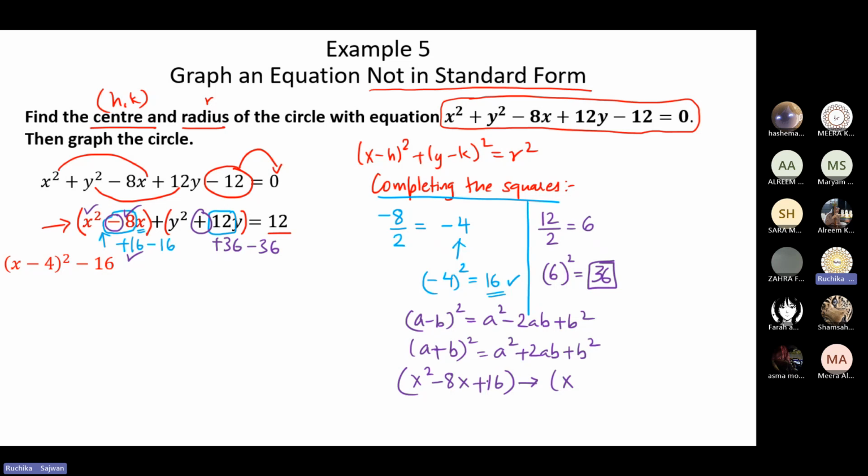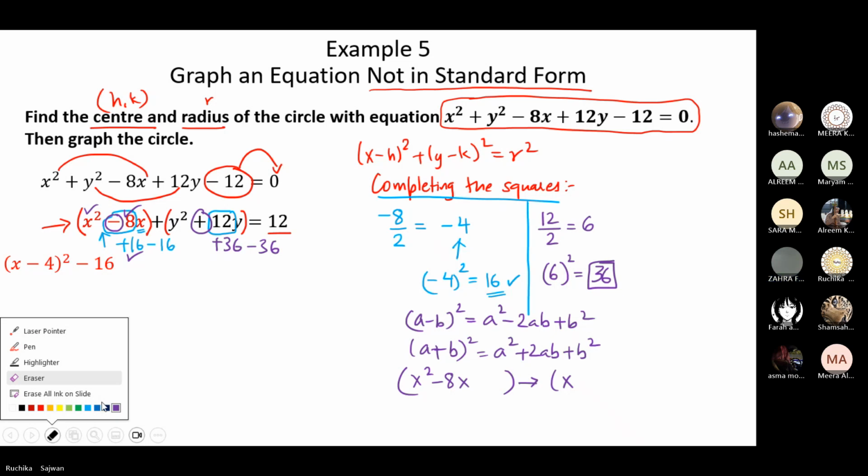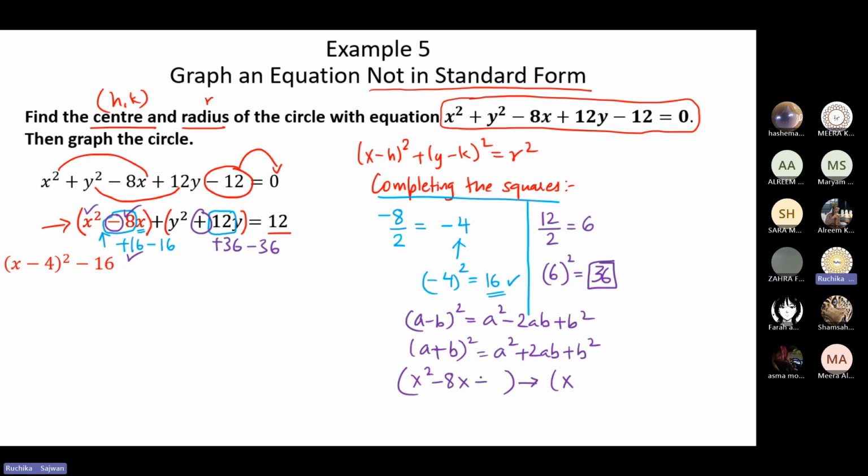How can I write 16 as a square? 16 is the perfect square of which number? 4. So can I replace 16 with 4 square? Why did I replace? Because I'm using this identity where I want a square. So can I replace with minus 4 whole square? So that's how this comes.